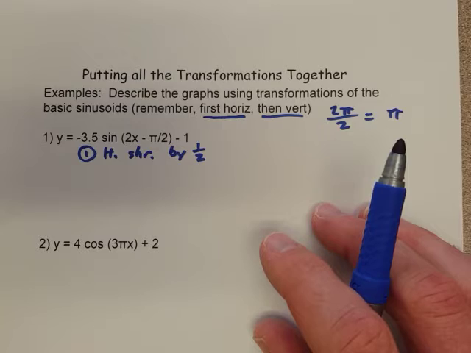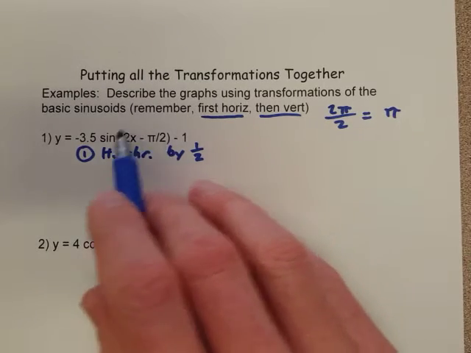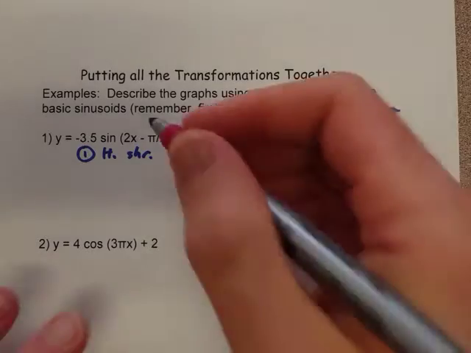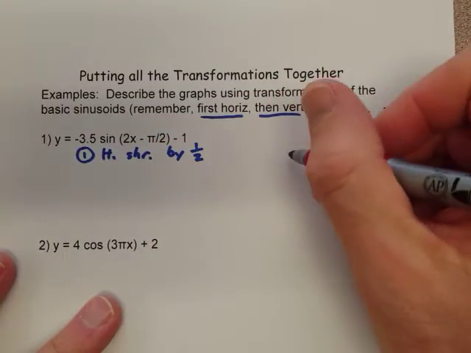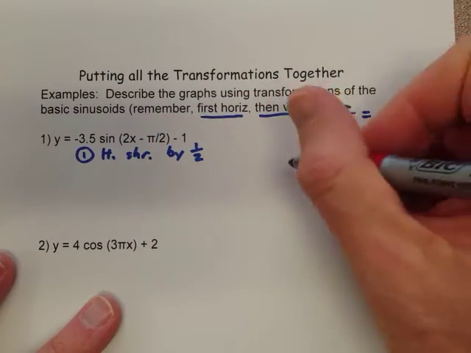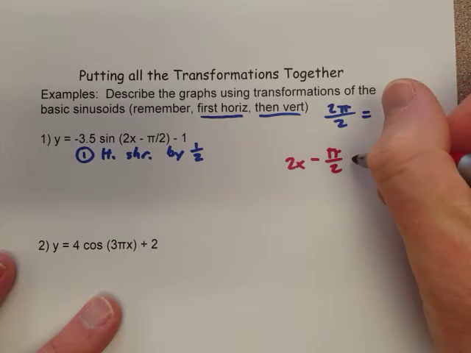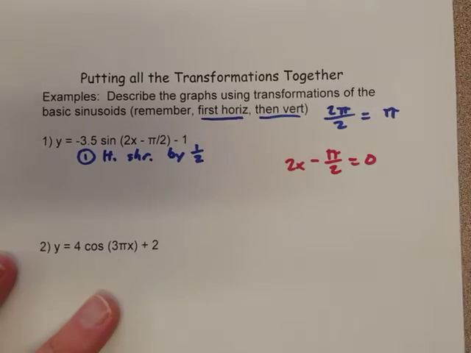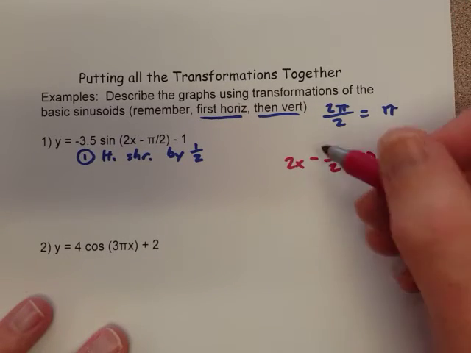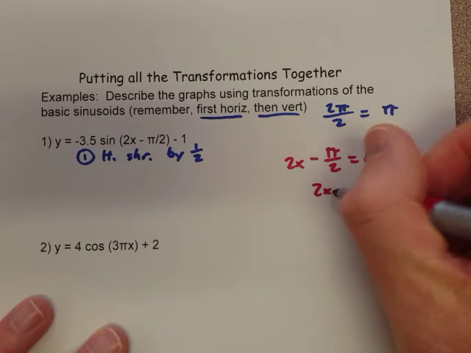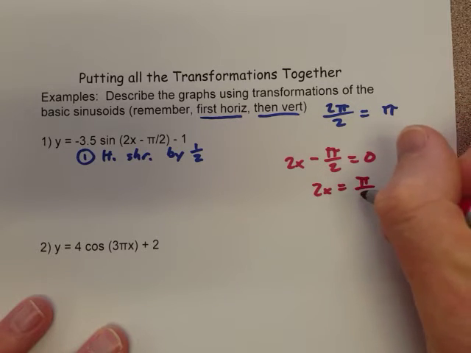So in order to properly get the left or right shift in this case, we are going to set everything here equal to 0. That's going to tell the story for this problem. So I'm going to take 2x minus pi over 2, set that equal to 0. Now we'll see what the shift is going to be. So I'm just going to solve this mini equation. Add pi over 2 to both sides. We get 2x equals pi over 2.